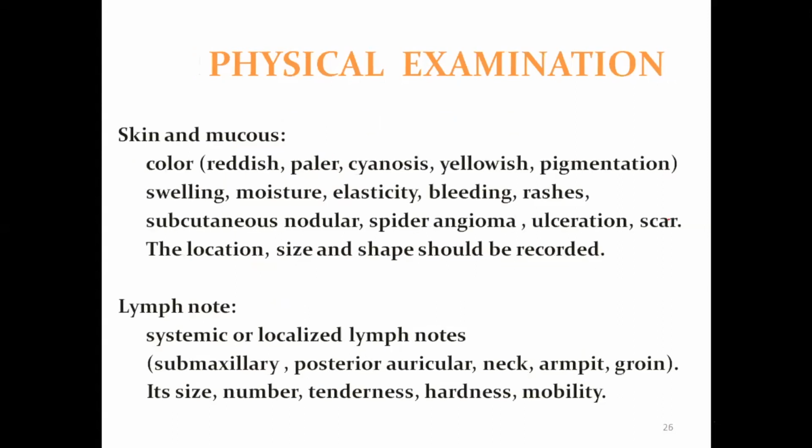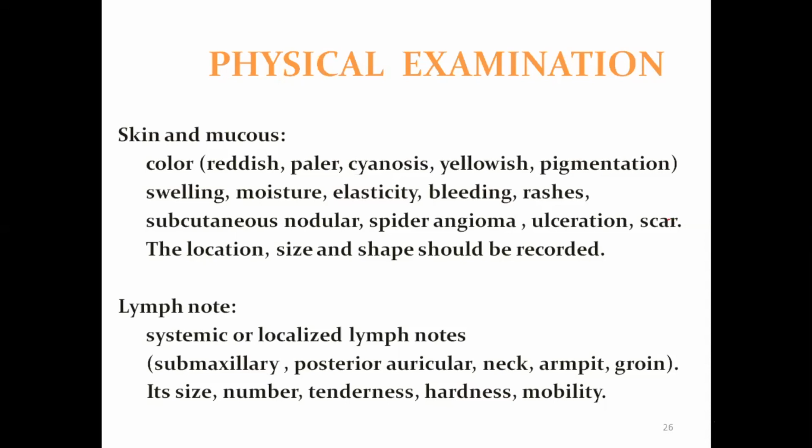Skin and mucosa. What we will be seeing in the skin and mucosa is the color: is it reddish, paler, cyanosed, yellowish, or any pigmentation on his body. So you start first with the patient's general appearance, and after that you talk to the patient and find his mental status.